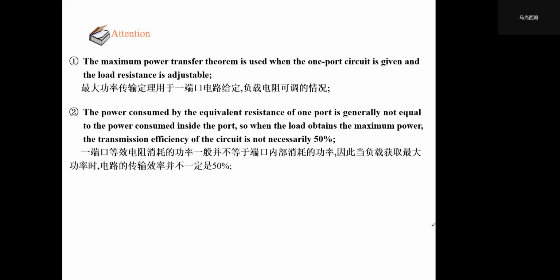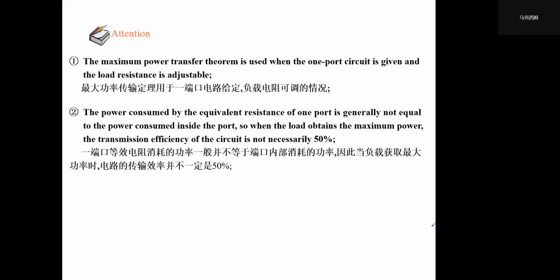We also know that the power consumed by the equivalent resistance does not equal the total power consumed in the real linear network inside.